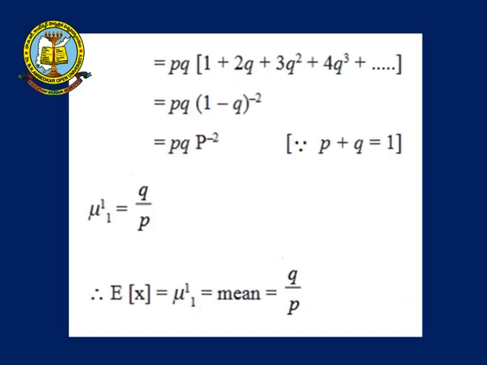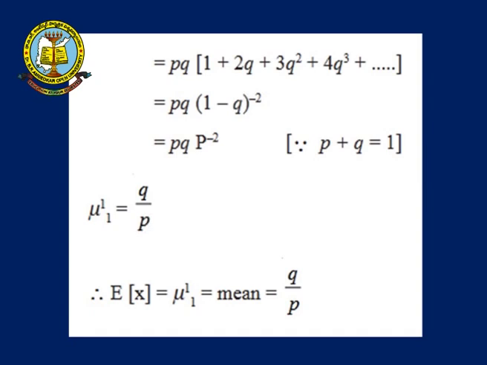So pq, again enlarging the expansion here: 1 plus 2q plus 3q square plus 4q cube plus 5q power 4, that is, as the number increases, the power keeps increasing. So we are simplifying 1 plus 2q plus 3q square in the next step. Pq is a constant, and the series simplifies to 1 minus q whole power minus 2.